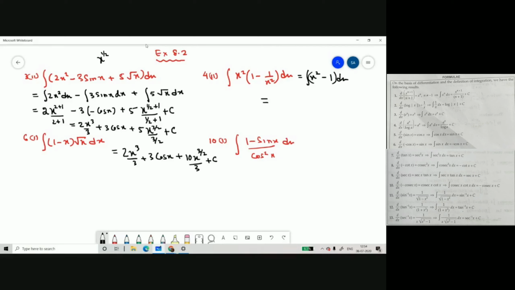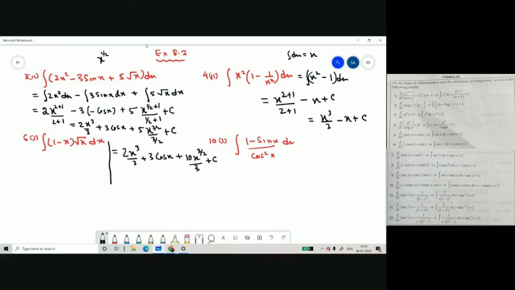Now look, integration of x to the power n is x to the power n plus 1 by n plus 1, minus integration of 1 dx, which means integration of dx. Integration of dx, I told you, it's x plus c, which means this becomes x cubed by 3 minus x plus c. Clear?